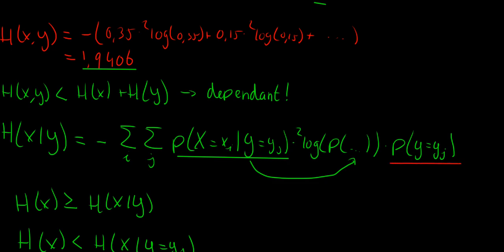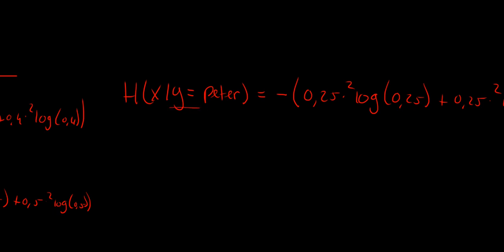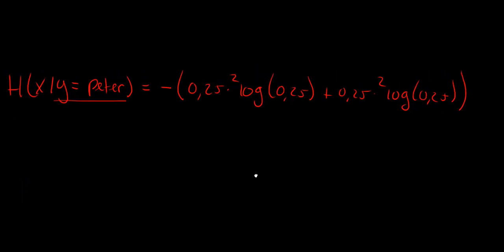Now you're probably wondering, in my formula I said we have to multiply with the probability of Y itself because we are looking at the weighted average. However, right now we are only looking at one specific outcome of our Y outcome space. So we do not have to multiply with the probability of Y. If we look at every outcome in the Y outcome space, then we do have to multiply with the probability of Y. And if we calculate this entropy, we see that this value is equal to 1.